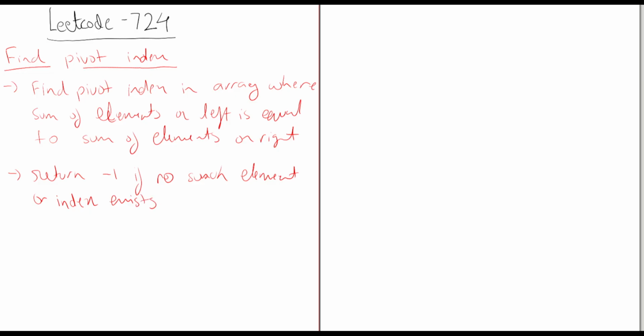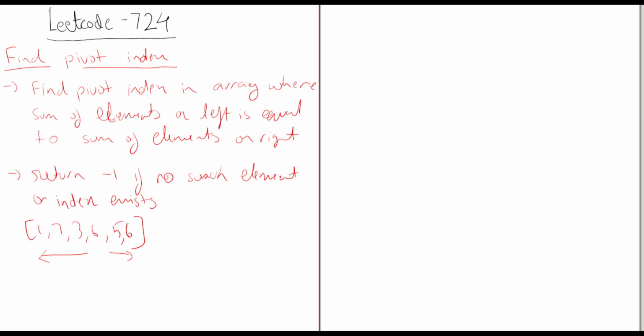तो अगर हमारे पास एक एरे है, फॉर एग्जांपल लेट्स से लीटकोड वाले ही ले लेते हैं 1 7 3 6 5 6। तो वी हैव टू फिगर आउट अ इंडेक्स जहाँ पे sum of elements in left is equal to sum of elements on right.